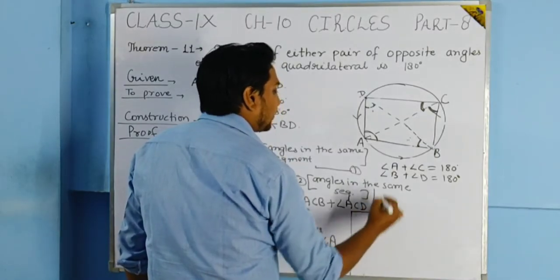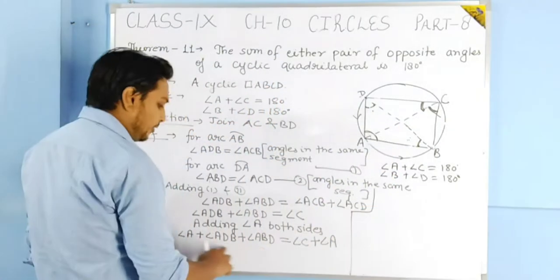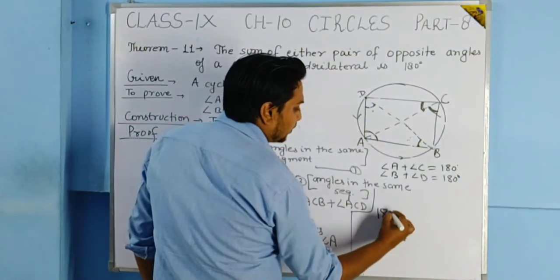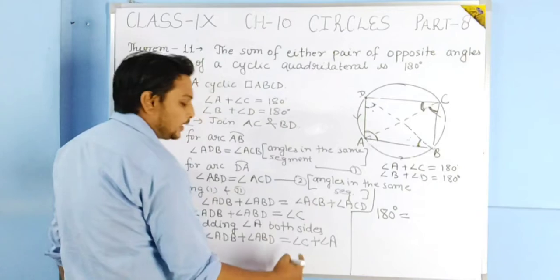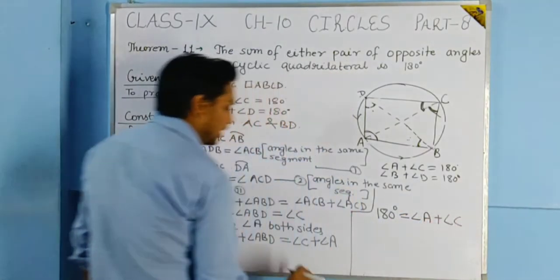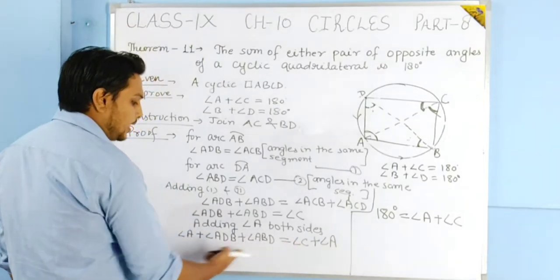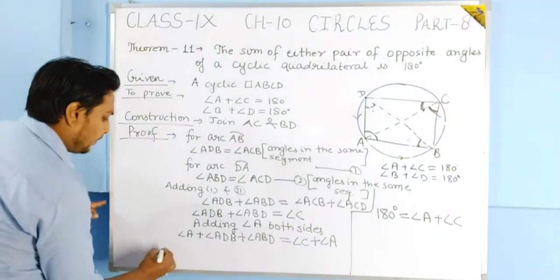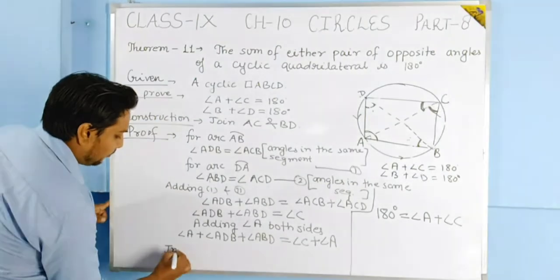Okay, so students, the left hand side will become what? 180 degree, and the right hand side is what? Angle A plus angle C. How will it become 180 degree?